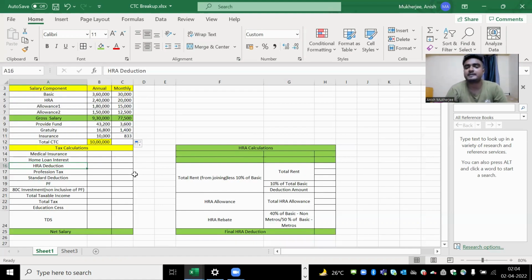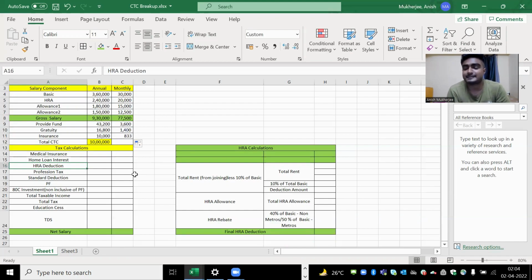The first step is the total rent that you are paying to a particular landlord. If you're staying on rent, you need to pay rent to the landlord. That minus 10% of your entire annual basic salary is step 1.